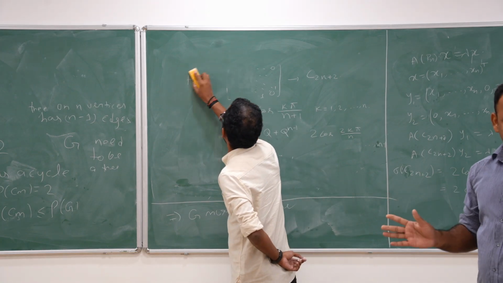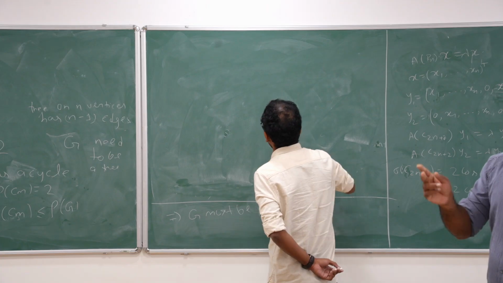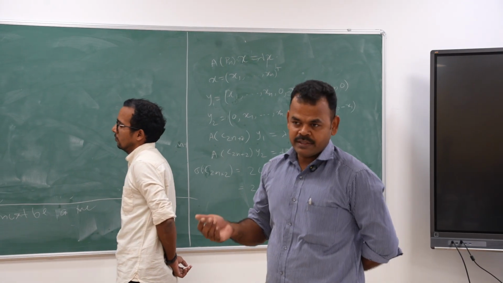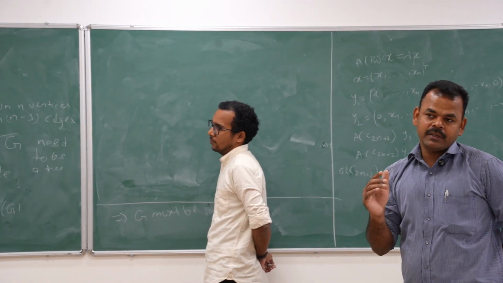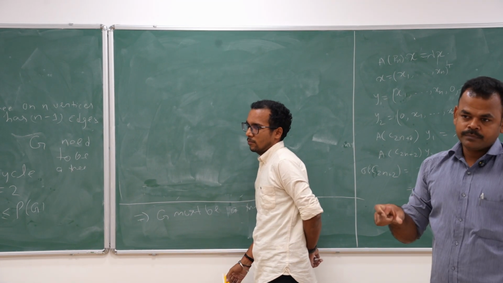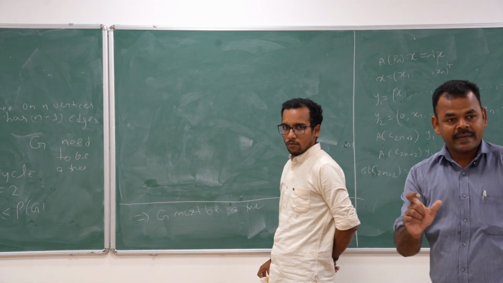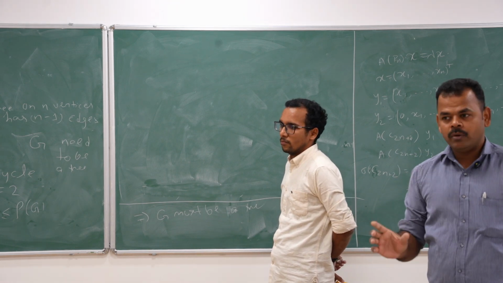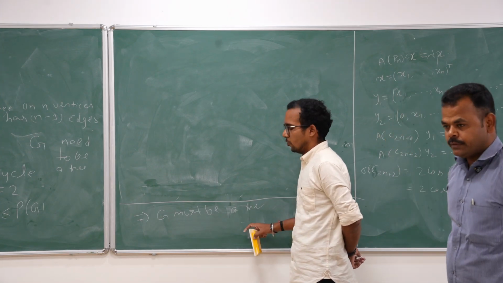So the diagonal entries of A squared give you the number of walks of length 2 from a vertex to itself, which are the degrees. Sum them and you will get 2 times m. Okay. So if two graphs have the same spectrum, then they should have the same number of edges. So using that fact, G must be a tree.